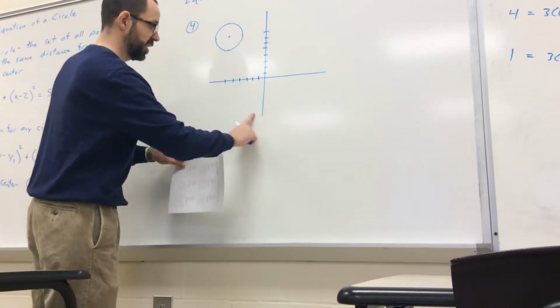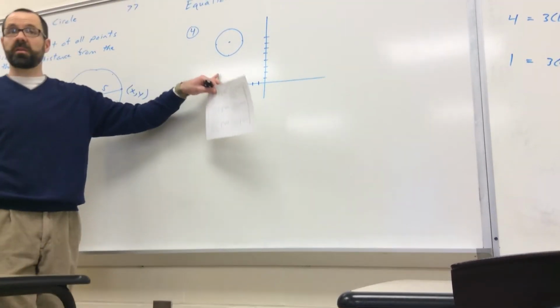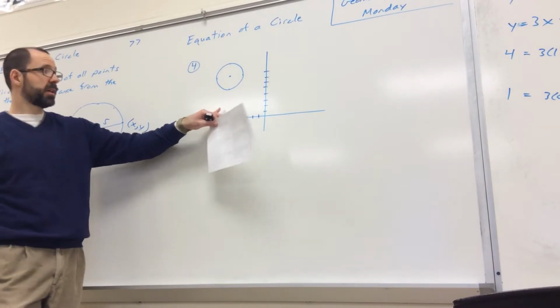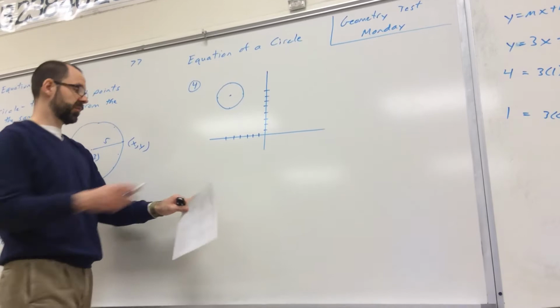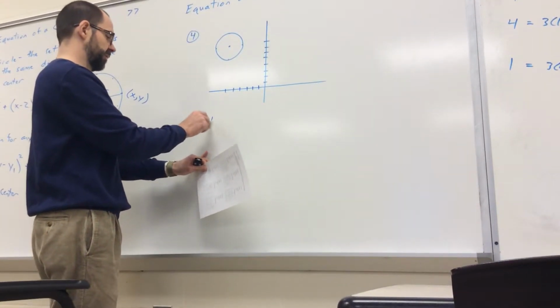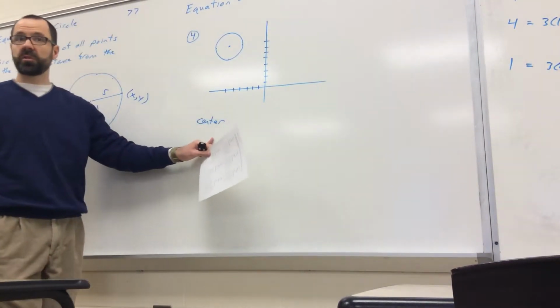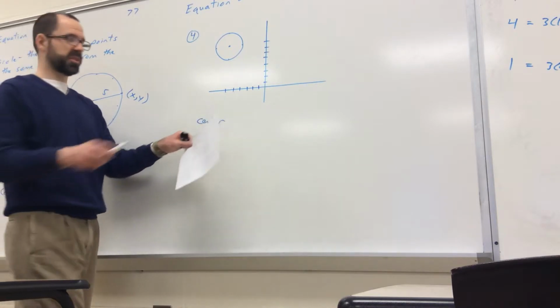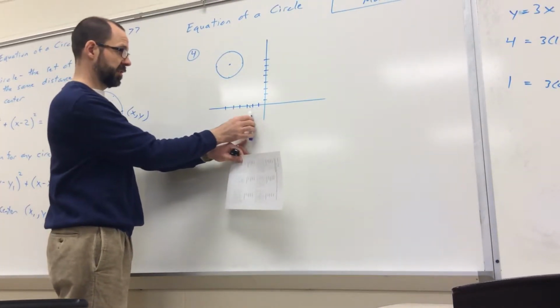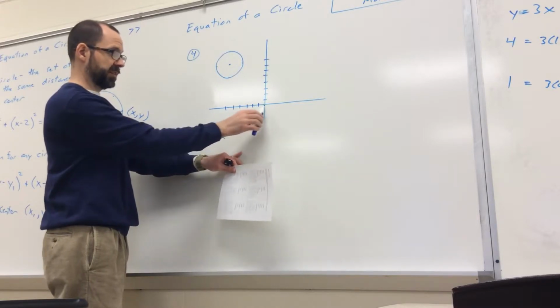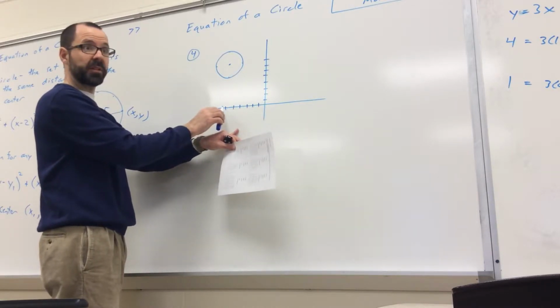All right, so here's the picture for number 4. This is what the problem gave you, so you don't have to write this down. It gave us the graph of a circle. First thing they asked for is the center of the circle. So we just have to start here and figure out what point that is. So it's 1, 2, 3, 4, 5, 6. That's backwards, so it's -6.